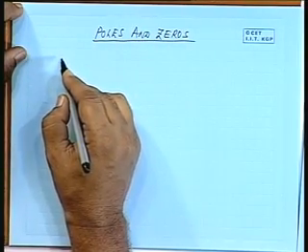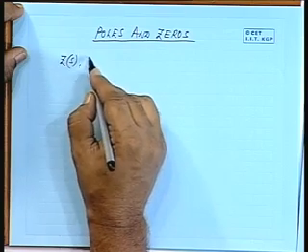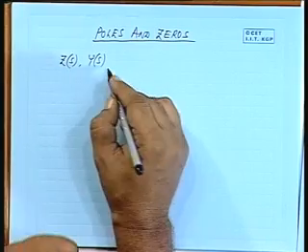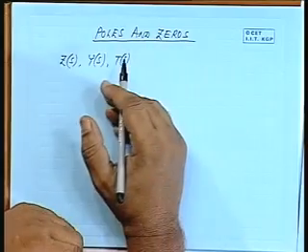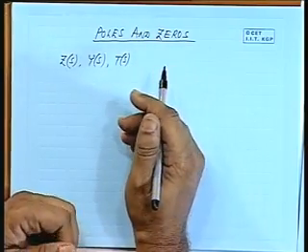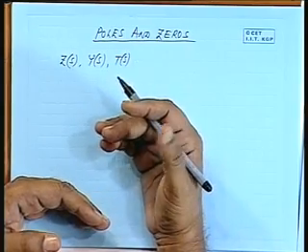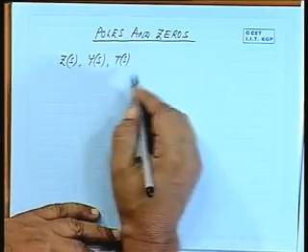Any function, say it may be zs, it may be ys, okay, or maybe transfer function v2 by vs, v2 by v1 and so on, or transfer impedance, transfer admittance, y12, z12 and so on. It can be any function.